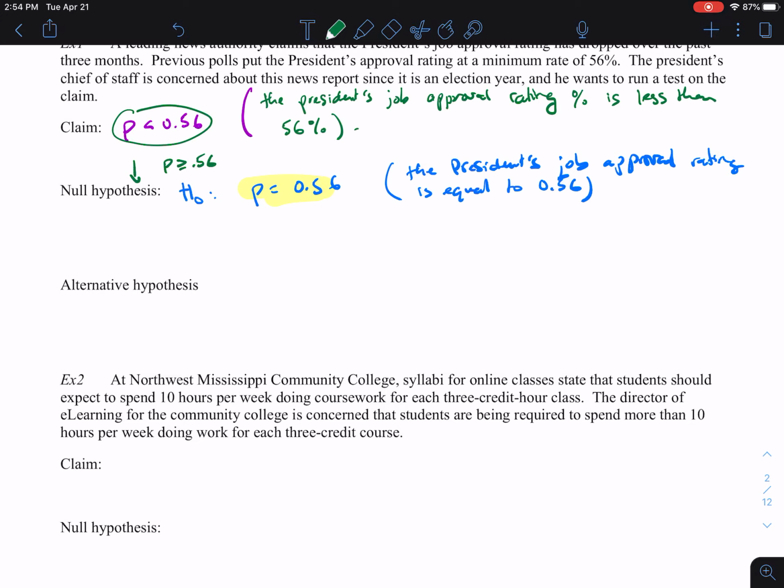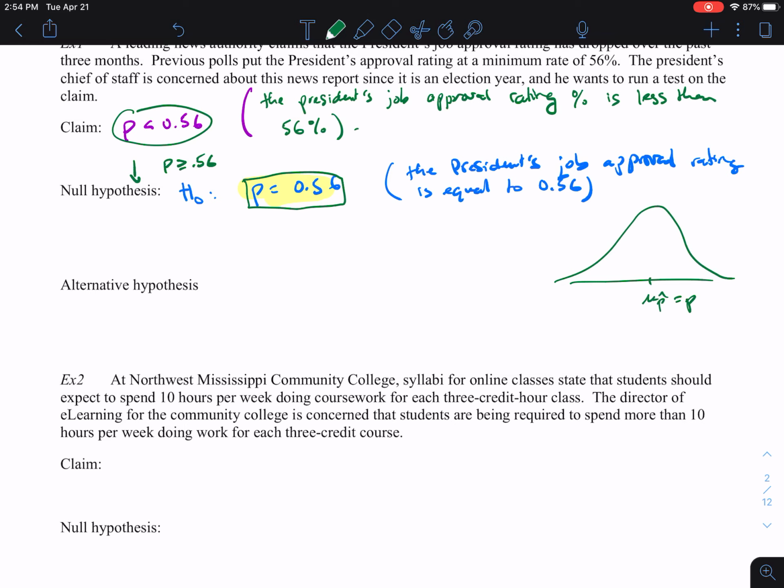To work with a single distribution, we're going to use the equal part, because when something is greater than or equal to, you just have to show one of those things is true. So we're going with the equal part. Why? Because this allows us to look at the distribution of p hat, and we have this result here. We'll get into the detail of that soon when we actually do an example.